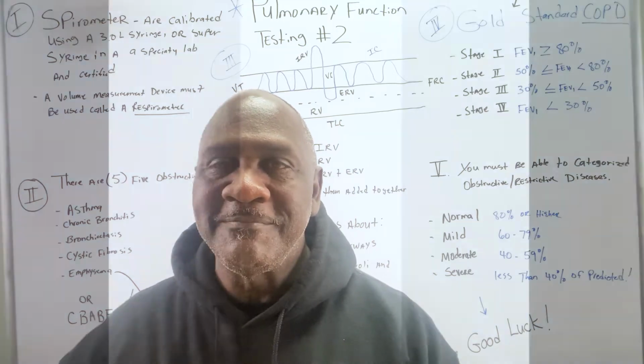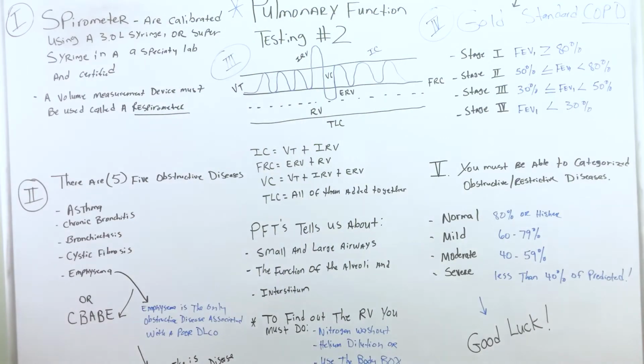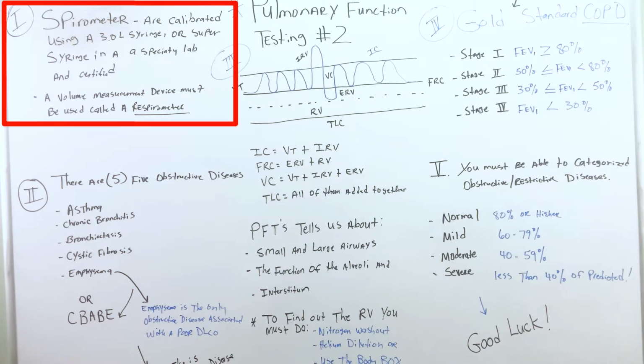Okay, guys, tonight we will finish pulmonary function, and our lesson is pulmonary function testing number 2. Roman numeral 1, I'll be working from my left to my right on the board. You must know for the test about the spirometer because they are calibrated using a 3.0 liter syringe, or you'll see it's called the super syringe, that is actually calibrated in a specialty lab, and it is certified.